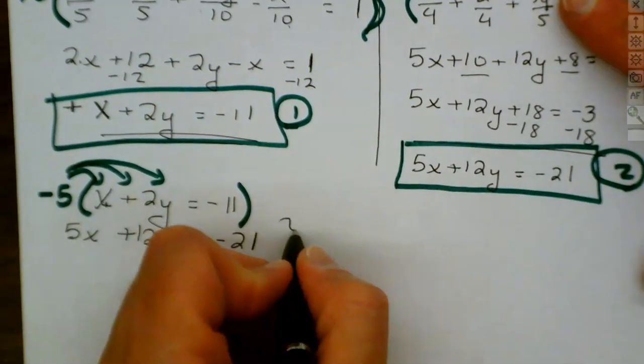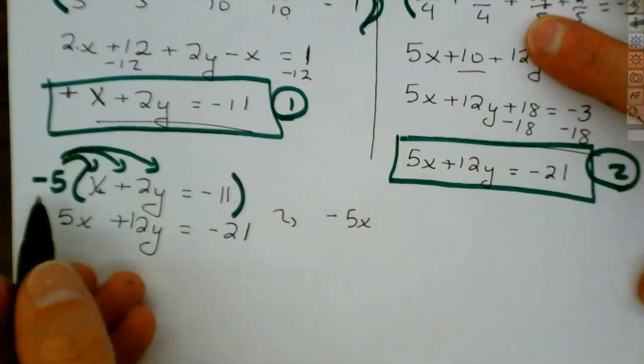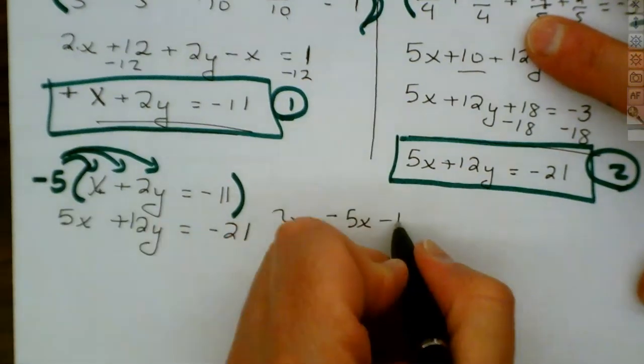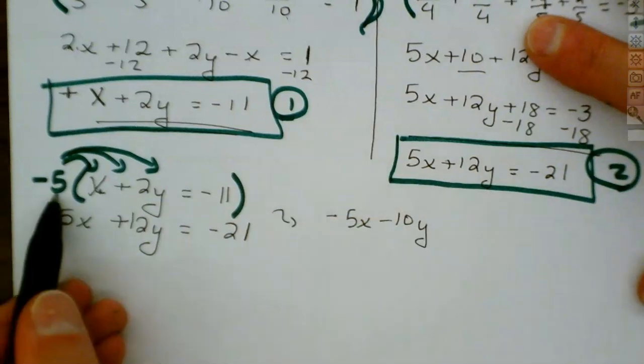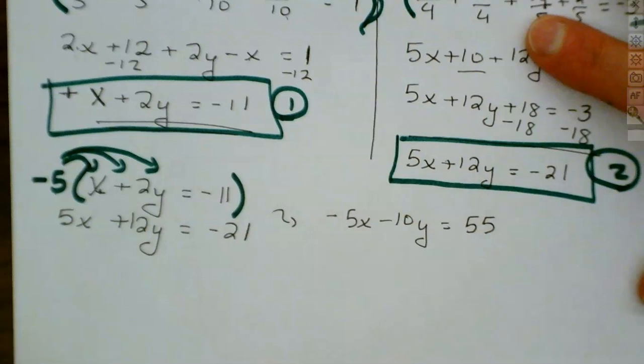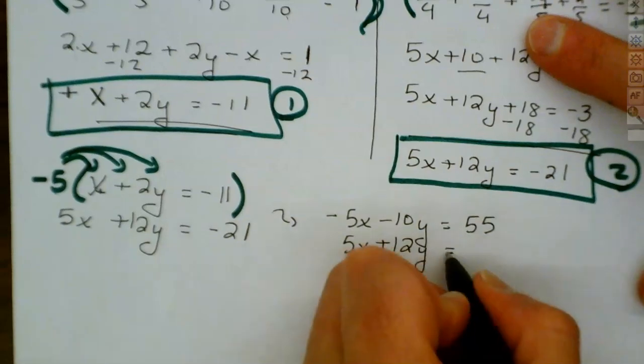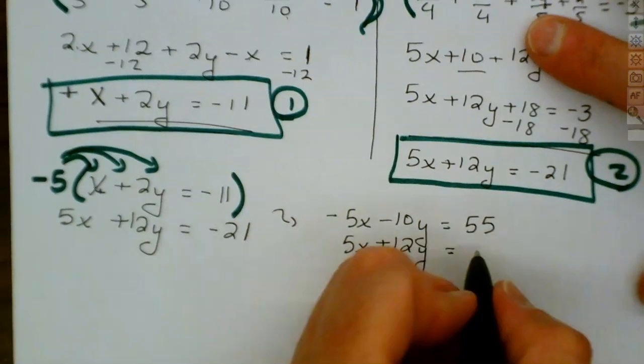Distributing through. That leaves you now with a minus 5x minus 10y. Negative and negative makes it a positive 55. Down below we have a 5x, positive 12y. And that equals your negative 21.